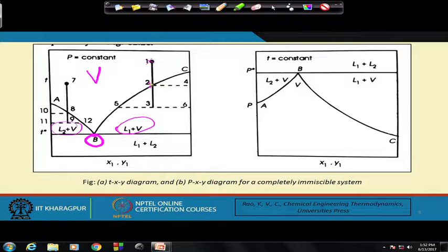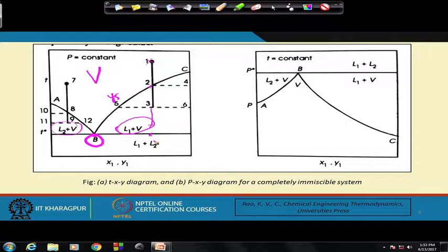We get greater and greater proportion of liquid L1, and the vapor composition is given in this case by Y5. We keep on continuing the cooling process further. We find that the vapor composition varies along path CB, and we get more and more of liquid L1, and finally when we have touched this particular horizontal line, the entire vapor has condensed to give us liquid L1, and the remaining portion is L2, which forms a separate layer. It does not mix with L1.